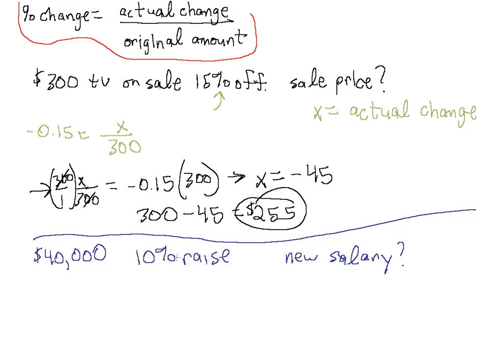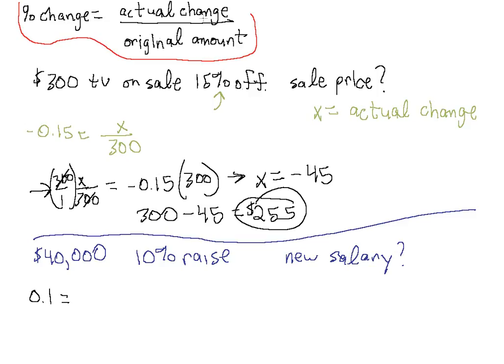Now here we have a percent sign, so that tells us that we have a percent change. Now we have a 10% raise, so it's going to be positive. It's going to have a positive 0.1, unlike up here when we were dealing with 15% off and subtracting a certain percent of change. Here we're going to be adding it to our salary. So we have 0.1 equals the actual change over the original amount.